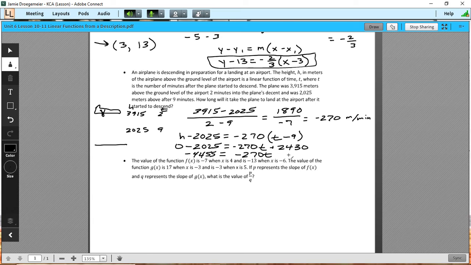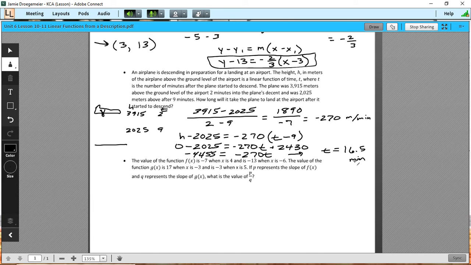And so to solve that for t, I have to divide each side by negative 270. And I come up with 16.5 minutes is how long we would say it would take to descend. So that's one way that we could do it.